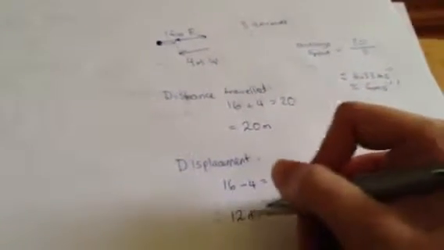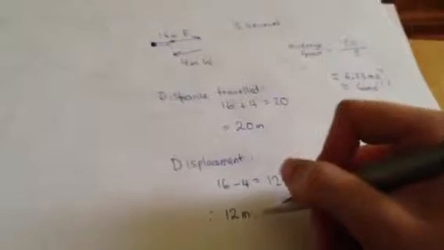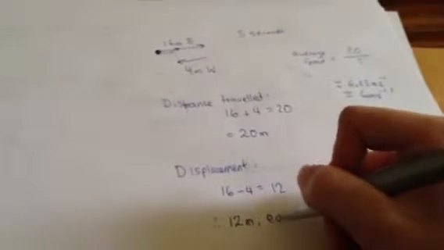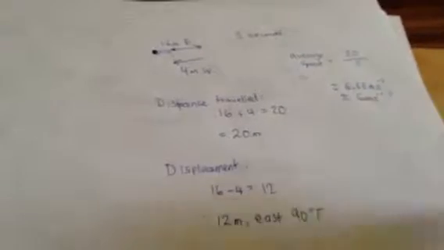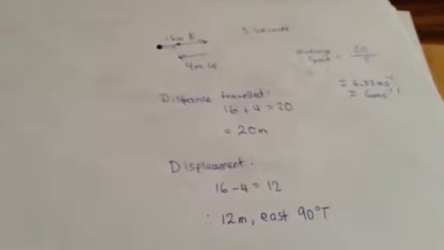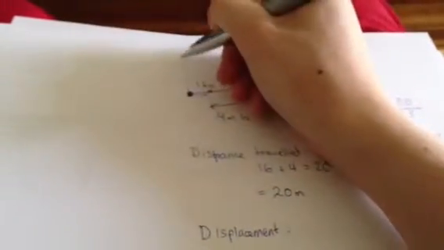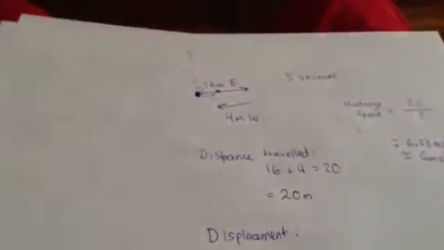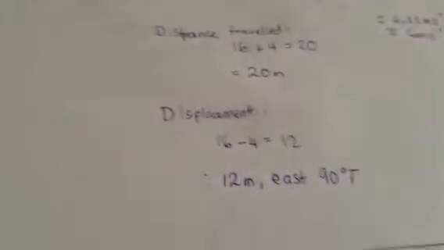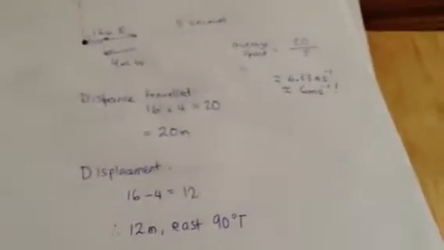So we have magnitude with a unit there, and we need direction, which is going to be east. And we can represent that as a bearing of 90 degrees true north. 90 degrees T, because north would be up there, and we form a right angle with east there. So there we have it, that is displacement.